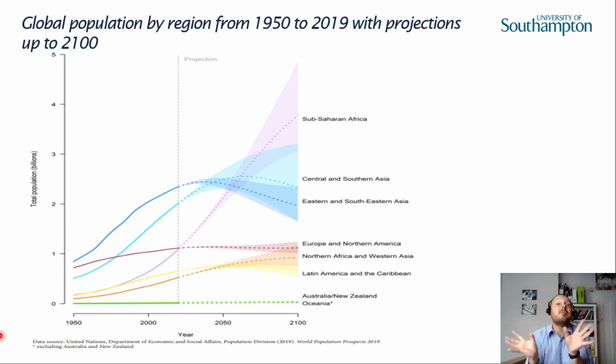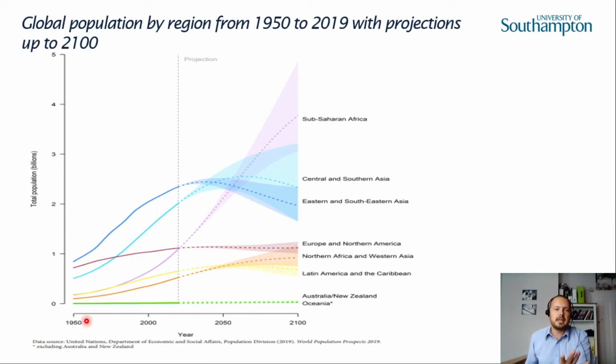And there's never been a more exciting time to be studying these issues and population change. The plot that I'm showing you here now shows how the population has changed in various different regions of the world since 1950. The various different colours represent different regions of the world, and the dotted lines represent our projections of population.